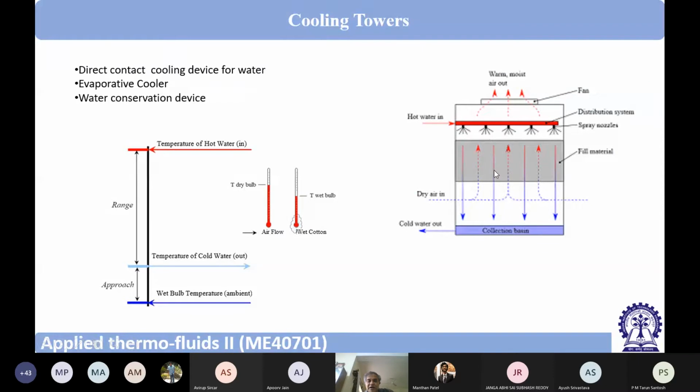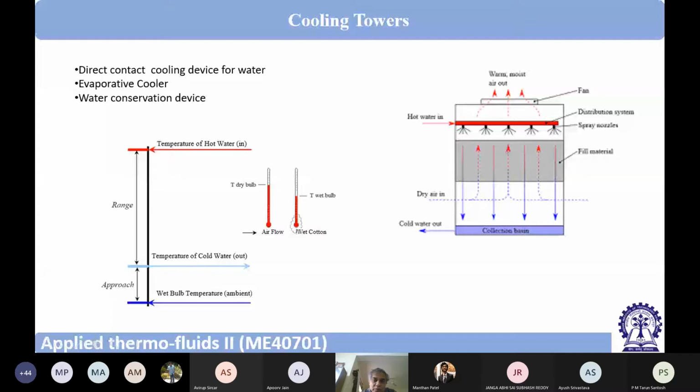There will be very intimate contact between air and water because we have kept a material called fill, which breaks the air and water streams time and again so that the path of air and water becomes crooked, not straightforward, and the time of contact between air and water increases. So then what happens?